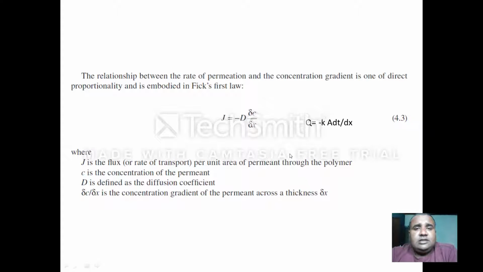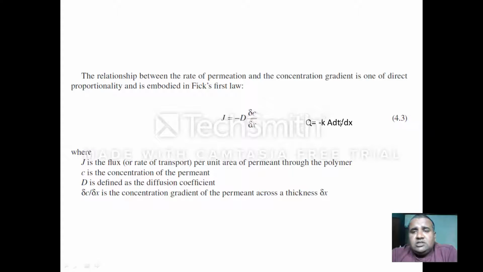This has an analogy to Fourier's law, or you can say the rate of heat transfer. Q is the amount of heat transfer, equal to minus kA dT by dx. In the next year you will study how heat transfer takes place.